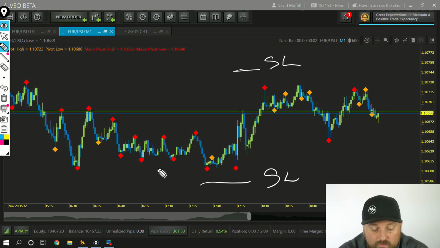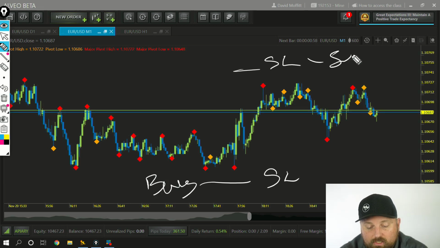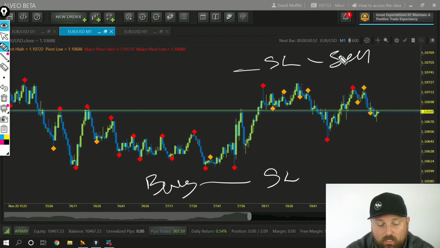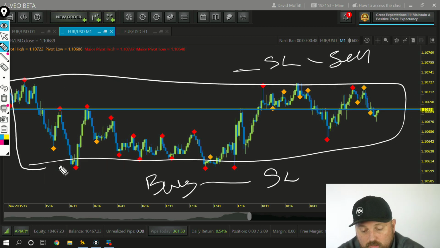So if you're buying, this is where my stop loss is. If you're selling, that's where my stop loss is. The last major support is where I put my stop losses, or when it breaks out of this range that we can see it's in right here. Again, the range breakout.